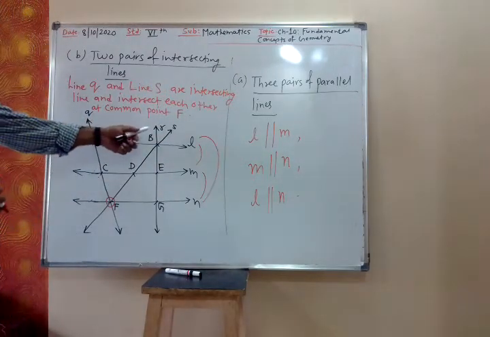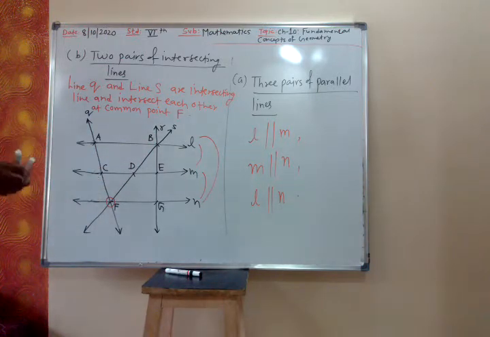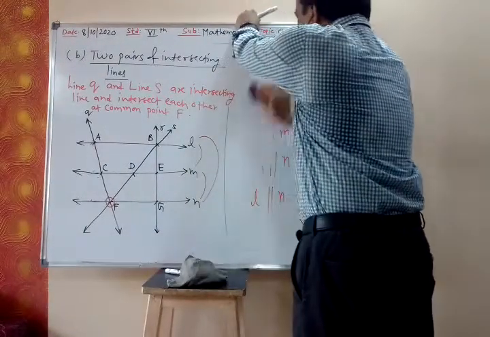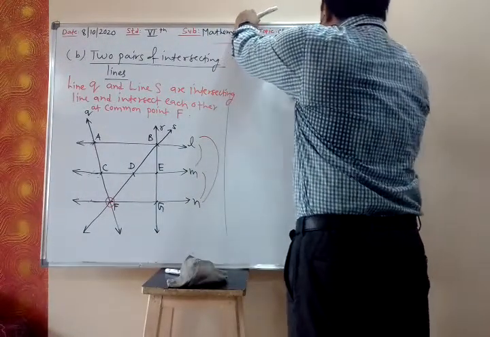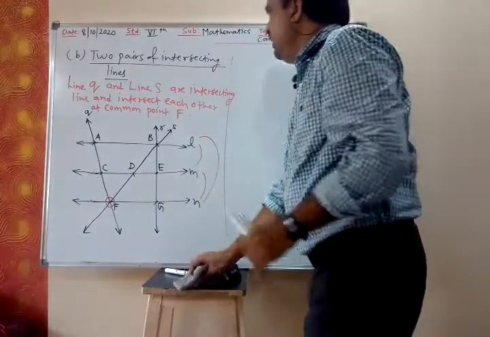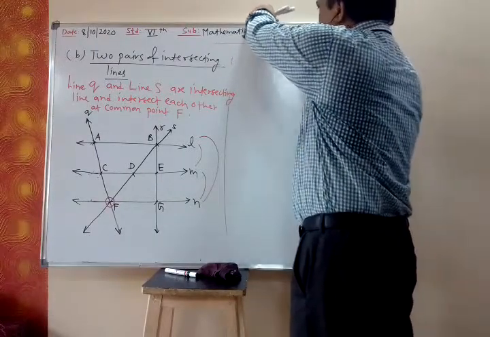Now second, line R and line S, they intersect each other. So I am writing this. You write: line R and line S are intersecting lines. It is clear, right?